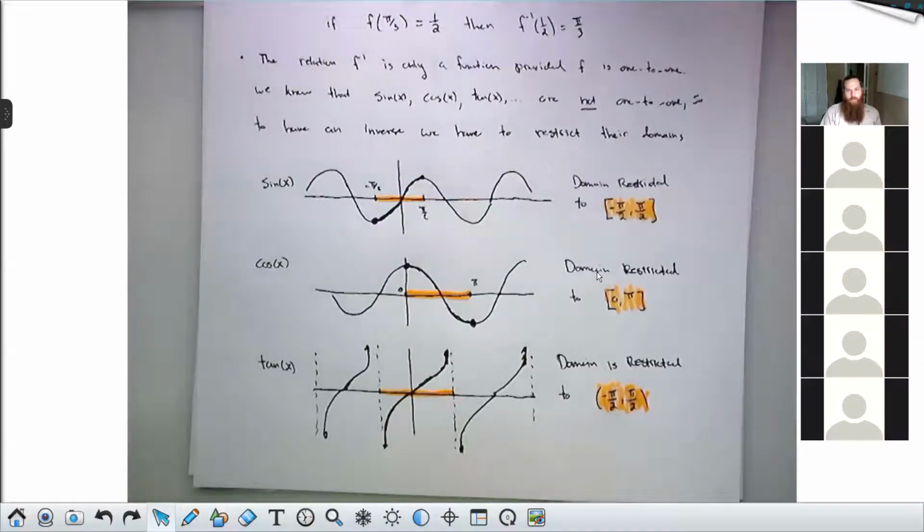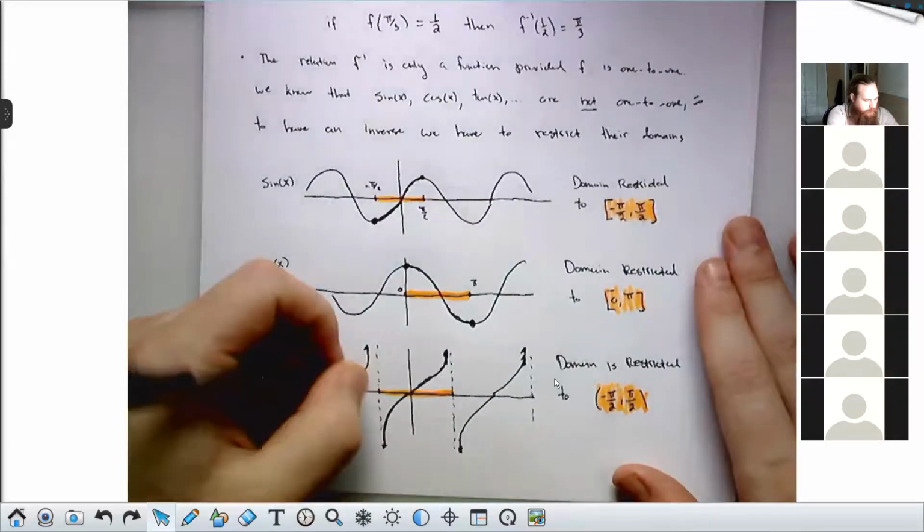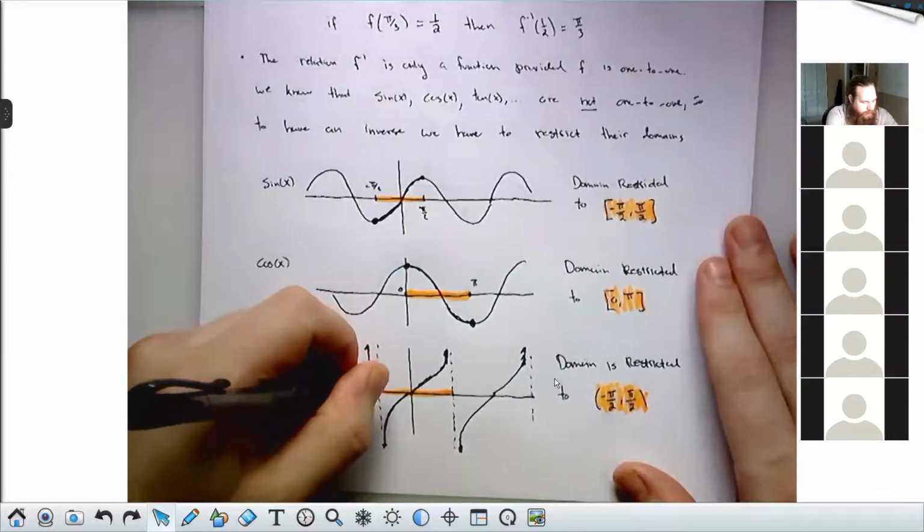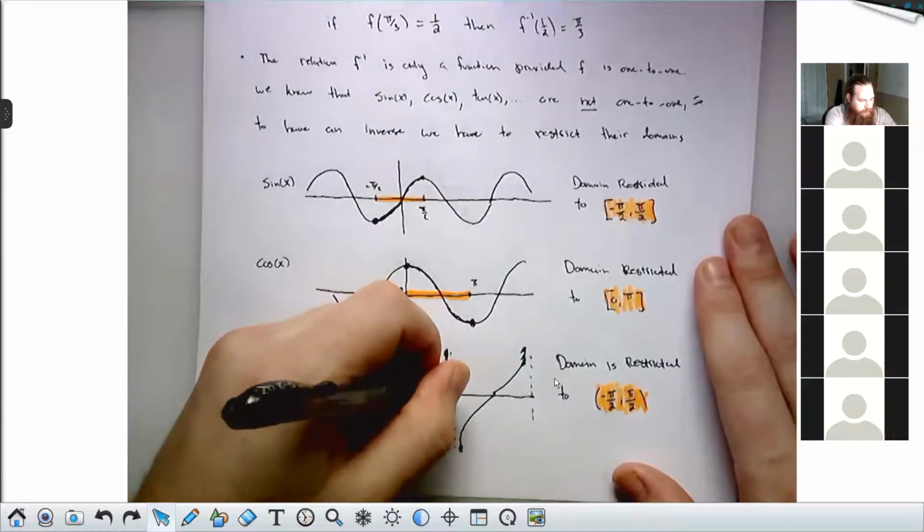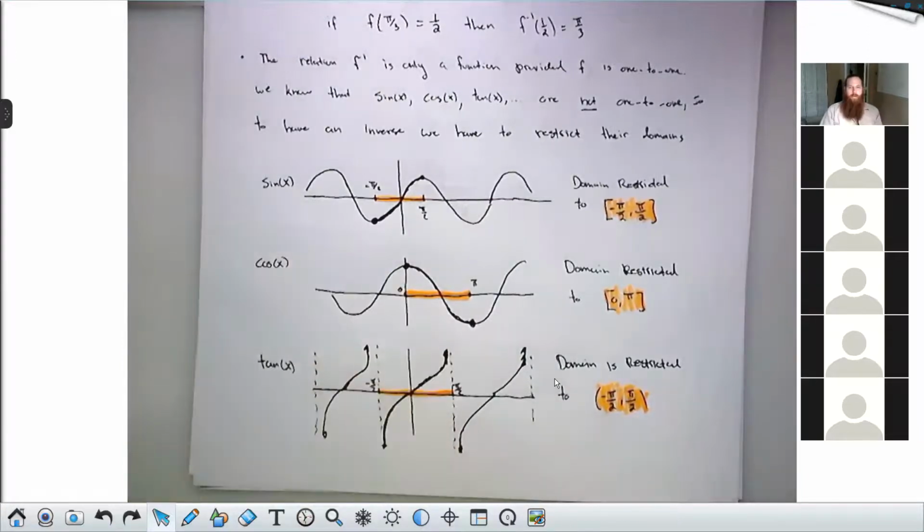The inverse cosine function will only ever output numbers from 0 to pi, because again, those are the inputs I'm restricting to for the original cosine function in order to make it 1-to-1. And the tangent function, I'm sorry, I didn't label these here. This is also negative pi over 2 and positive pi over 2. But I have to use the open interval because it has vertical asymptotes at negative pi over 2 and pi over 2.